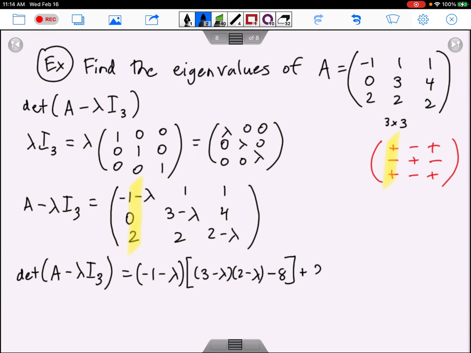And then we have plus 2. Remember, now we're going to delete that column and that row. And so we have 4 minus 3 minus lambda. 4 minus 3 minus lambda. Okay.